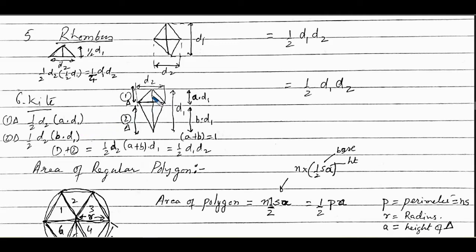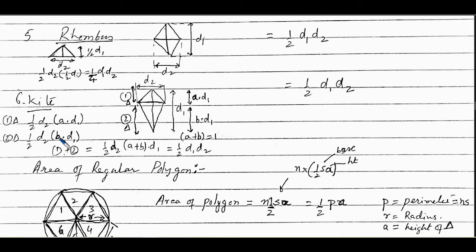For the area of a kite, I have shown another way to prove it, by breaking it into two triangles, this one triangle and this big triangle, and adding the areas. This is triangle 1, and this is triangle 2. Area of triangle 1 is half of base d2 times some fraction of d1, a times d1. And the area of the second triangle is half of base d2 times some fraction of d1, b times d1, where if you add a and b, it should be 1.